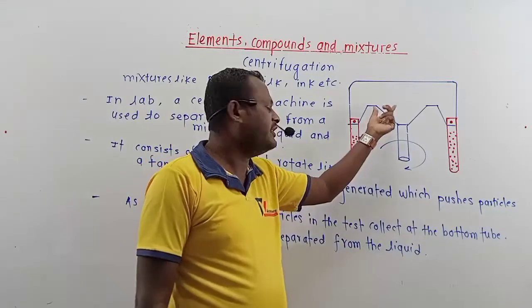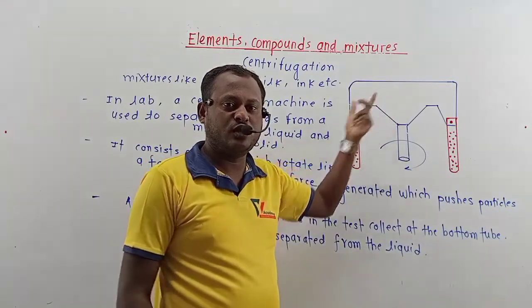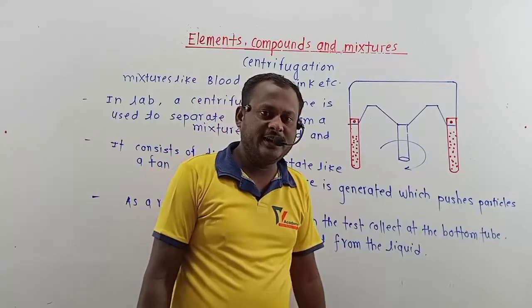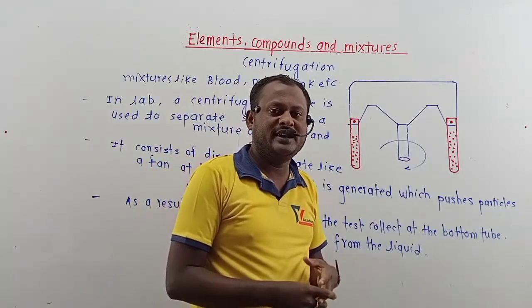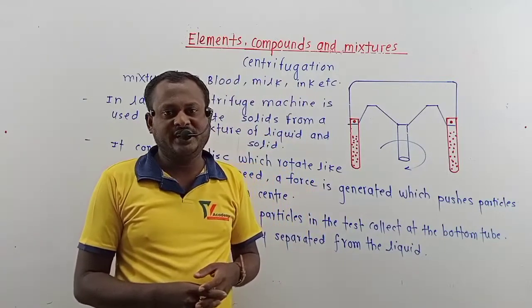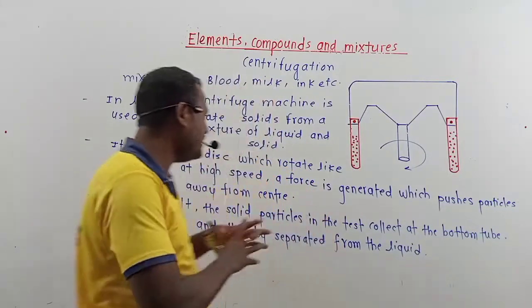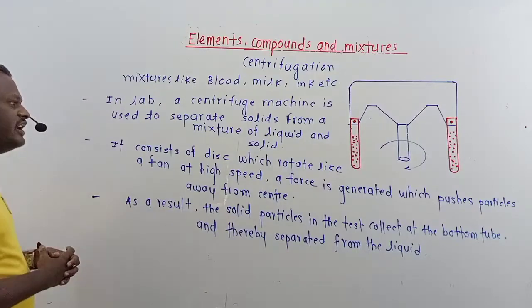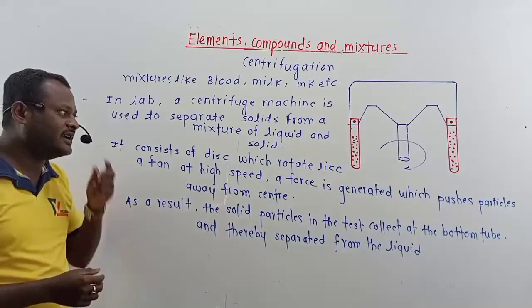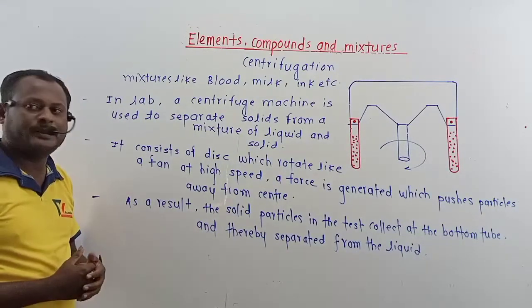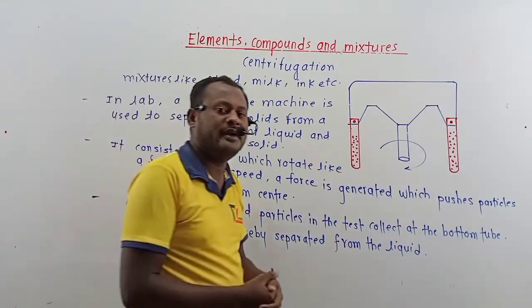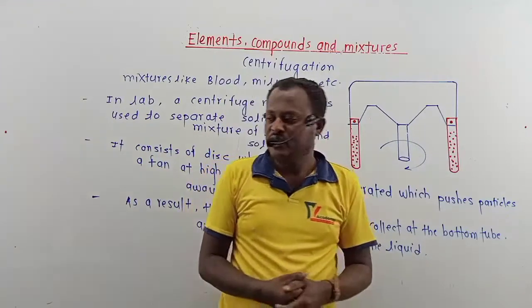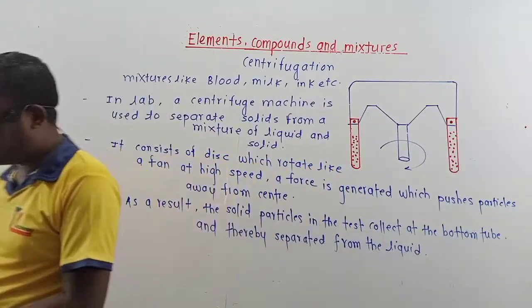This centrifuge consists of a disc rotating at higher speed, like a fan, and that's why the solid particles get separated from the mixture. So this is the basic principle. Centrifugal force is acting on the particles, and that's why separation of the solid particles from the mixture takes place. This is the basis behind this method.